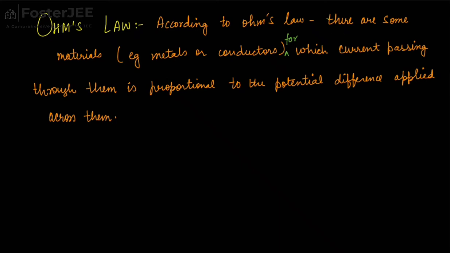Now, according to this law, there are some materials for which the current passing through them is proportional to the potential difference. From this statement, we can write that the current passing through them, I, is proportional to the potential difference between them. Now, this can be written as V equals IR.